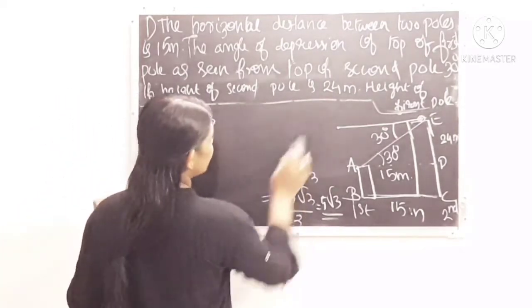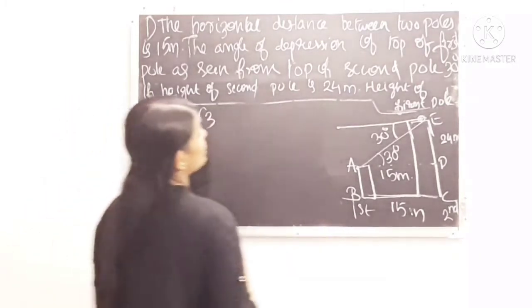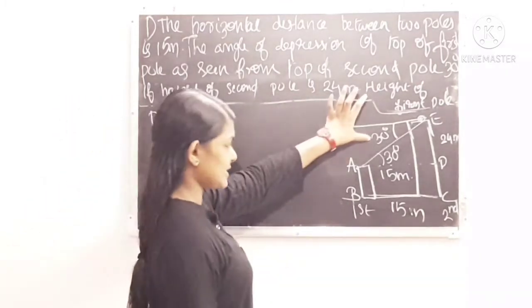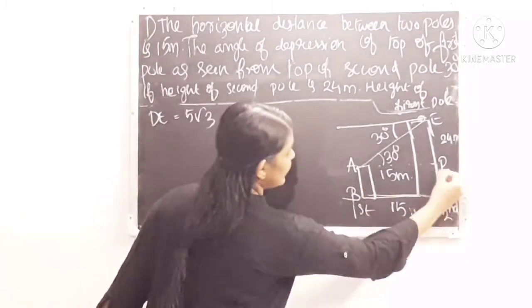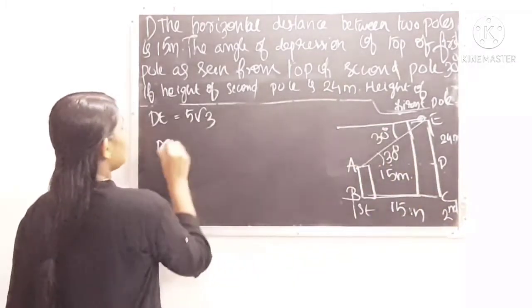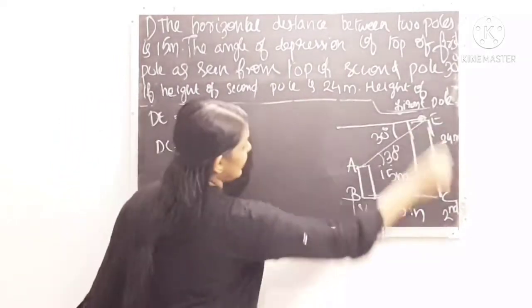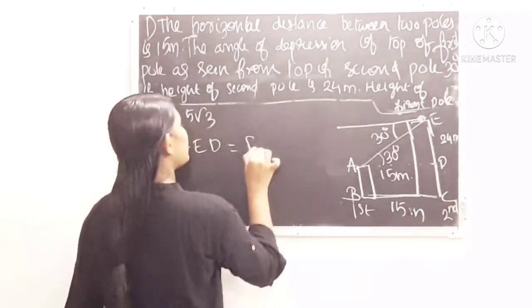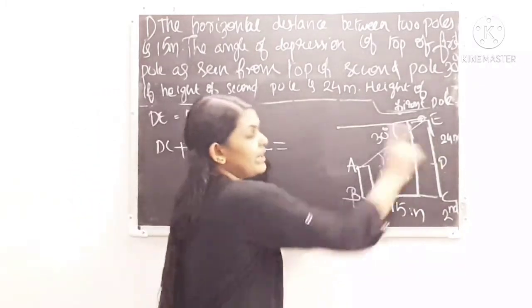Now we can consider the second part. The question is to find the height of the first pole, so we have to find the length of AB. And we know that DC plus ED will be equal to EC. The length of EC is given in the question, and it is equal to 24 meter.